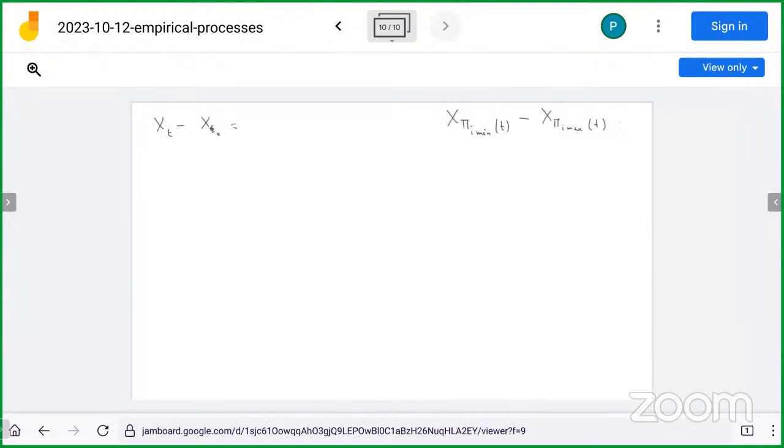T is indexed by a matrix, or a function, and I'm looking at arbitrary p. Okay, so this is there, and so this breaks up. Plus 1, right?